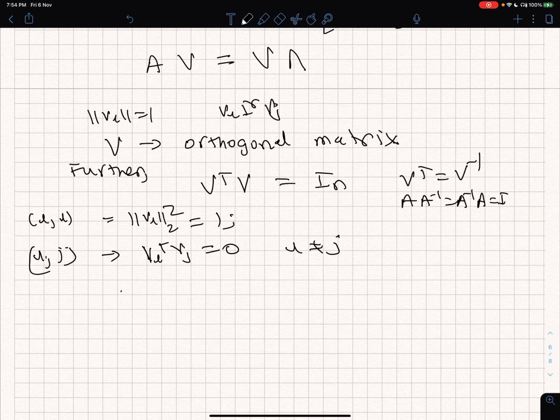For symmetric matrices A, I can write this as a beautiful eigenvalue decomposition.